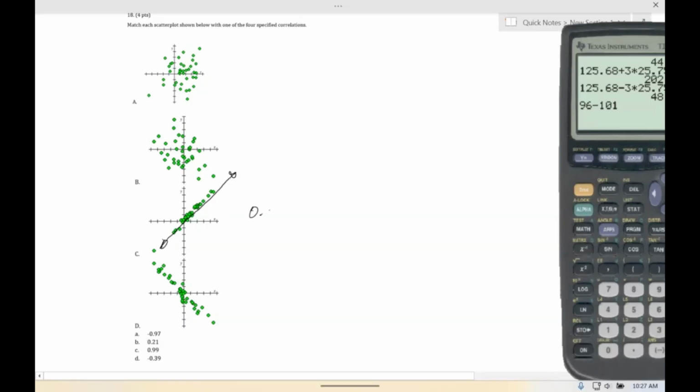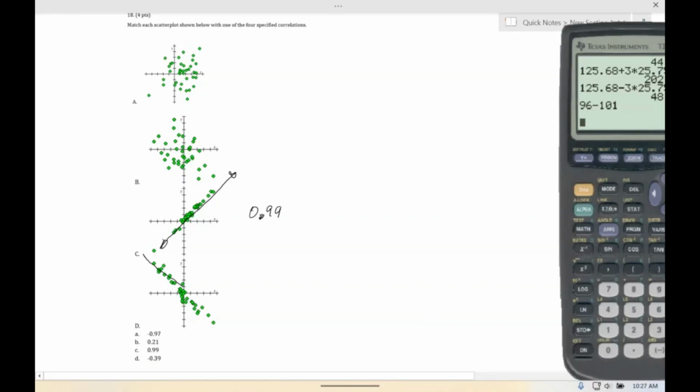B is going to have a 0.99 correlation, right? Because a correlation runs from -1 to +1. So -1 being a strong negative correlation and +1 being a strong positive correlation.